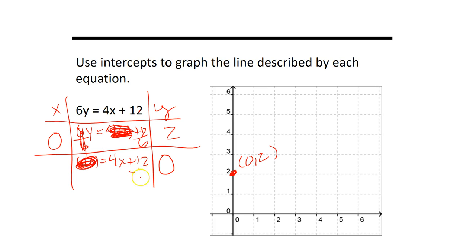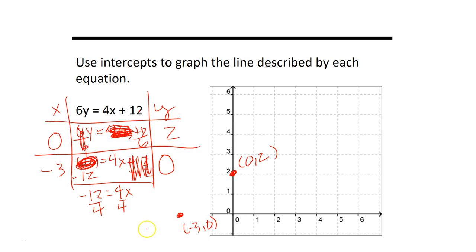So the way I'm going to do that is I'm going to subtract this 12 from both sides to get x all by itself over here on the right. I've got negative 12 is equal to 4x. And now I'm going to divide by 4 to solve for x. So negative 12 divided by 4 is negative 3. So my ordered pair there is at -3, which is way over here, and 0.